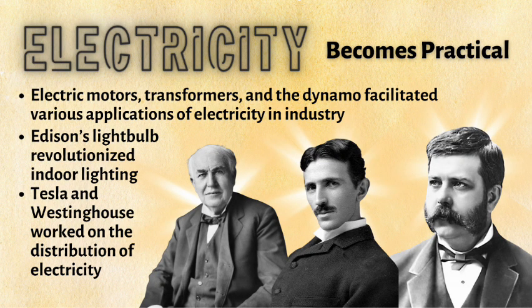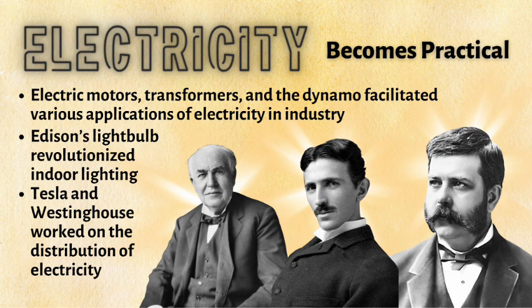So electricity becomes practical. The late 19th century saw major breakthroughs in electrical engineering, transitioning electricity from scientific curiosity to practical use. Key figures like Thomas Edison, Nikola Tesla, and George Westinghouse, all three pictured here, were instrumental in developing practical electrical systems.